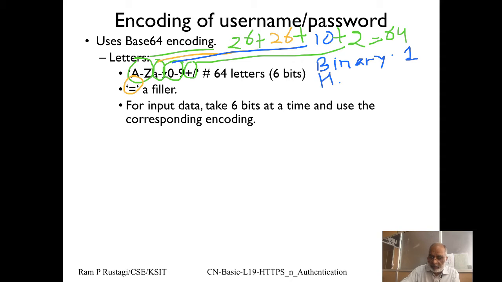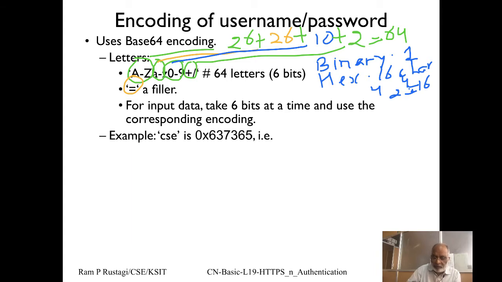For hex encoding, which is 16 characters, we need 4 bits because 2 raised to the power 4 is 16. For base64 encoding, I need 6 bits because 2 raised to the power 6 is 64. We'll look at how the encoding happens.